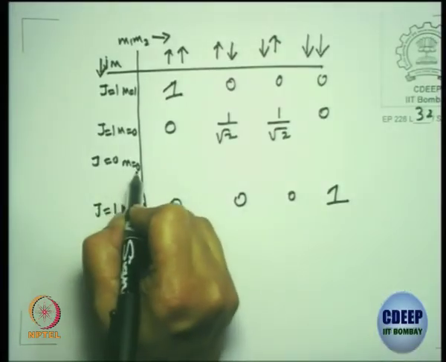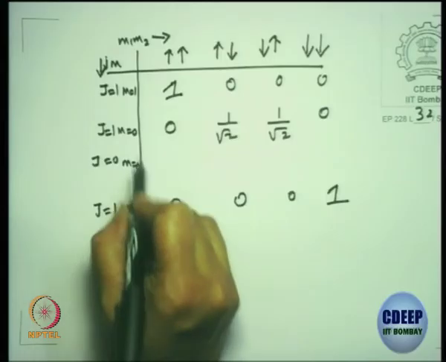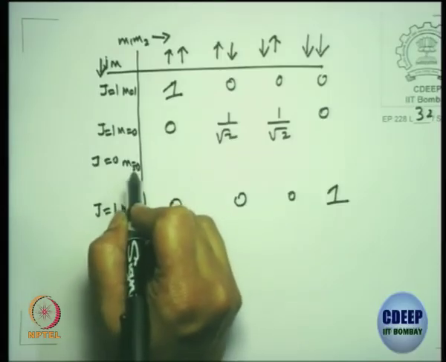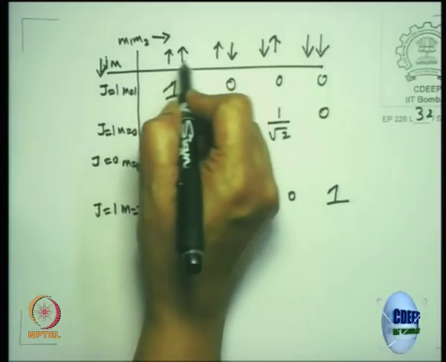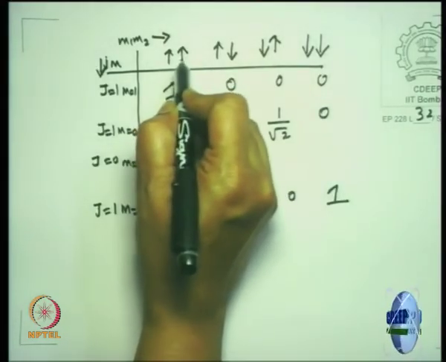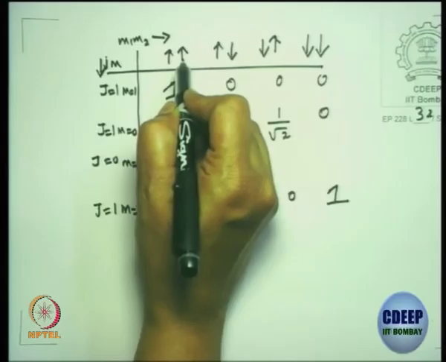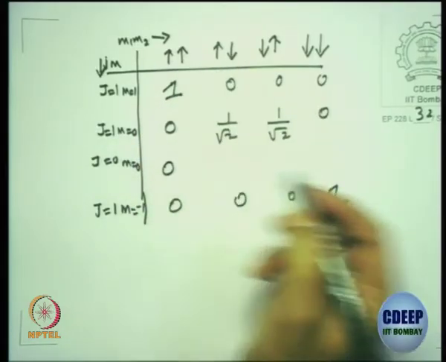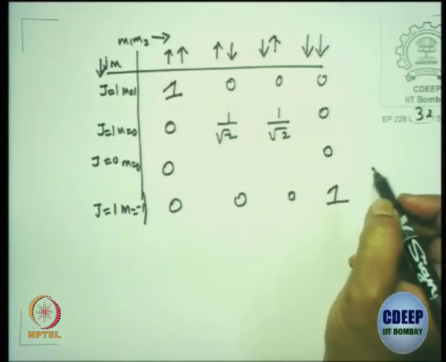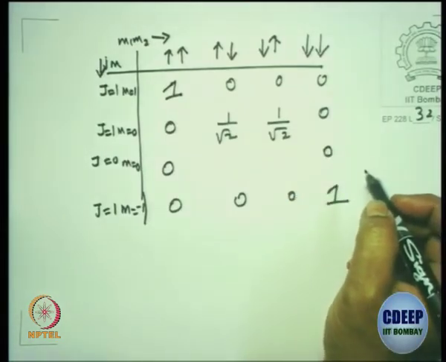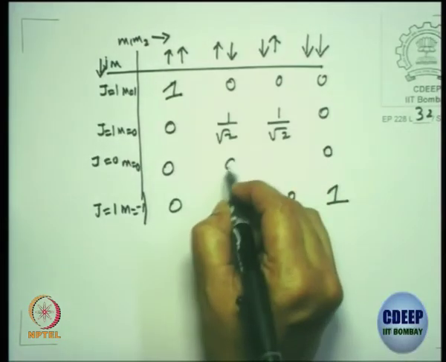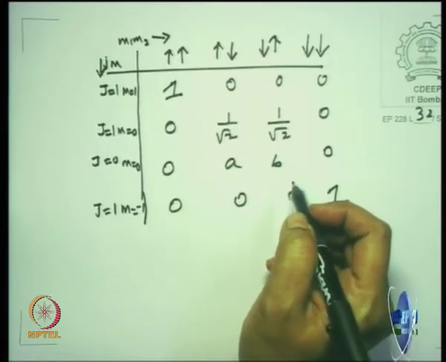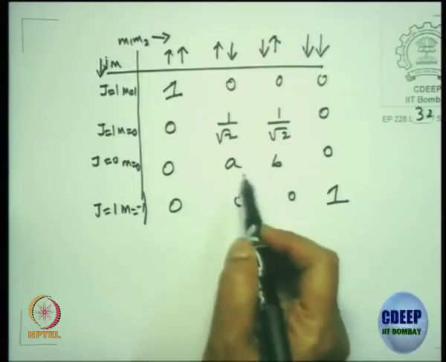What about j equal to 0, m equal to 0? I want m equal to 0. I cannot get m equal to 0 from both up, right? This is 0. You all agree? This is also 0. But this I can fix as A and B. How do I fix this A and B?